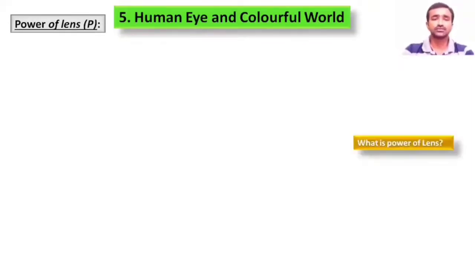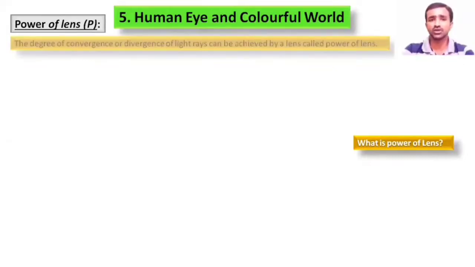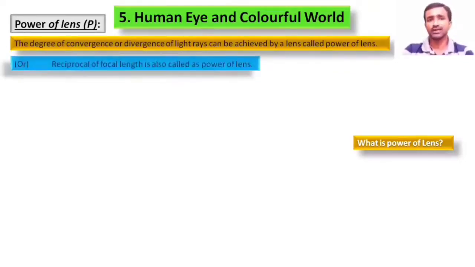So in the Human Eye and Colourful World, we have a topic that is power of lens, which is denoted by the letter P. What is power of lens? Here, the power of lens is defined as the degree of convergence or divergence of light rays achieved by a lens, or the reciprocal of focal length is also called the power of a lens.